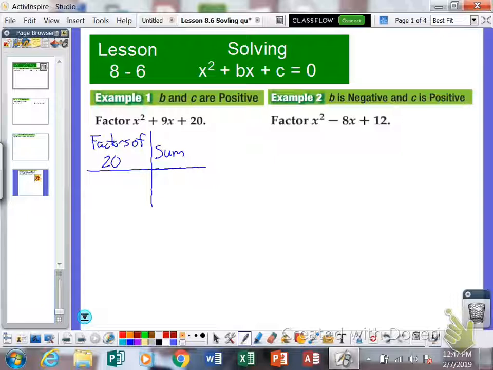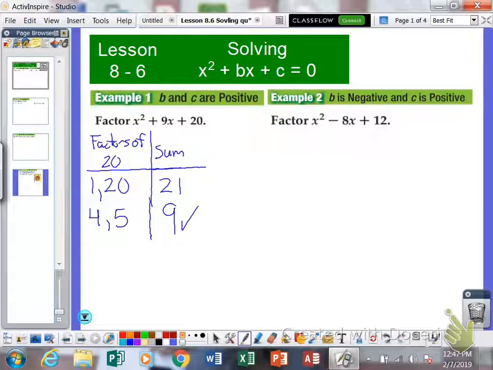In this case, we want our sum to be 9 because that is our middle term. So if we start listing our factors of 20, there's 1 and 20, 4 and 5, and 4 plus 5 is 9, and that is our middle term.